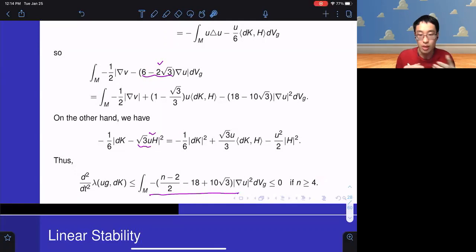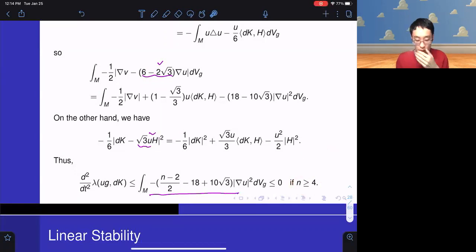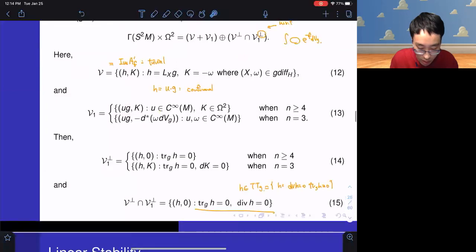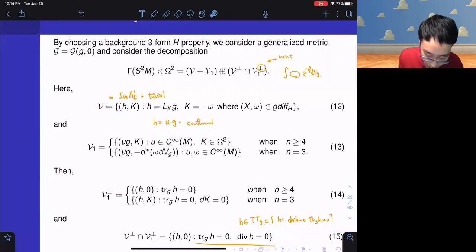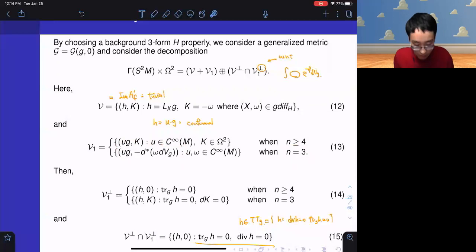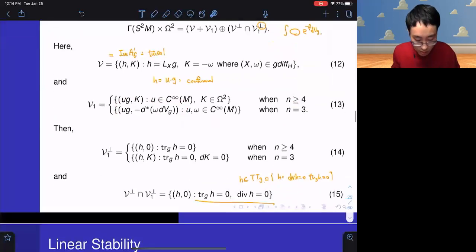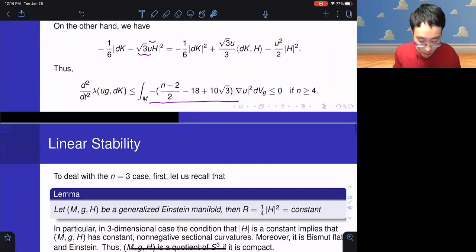So we need to discuss separately the n greater than 4 case and the n equals 3 case. Okay, then back to our definition of V1. This is also the reason why we define V1 separately when n is 3. Okay, so let's focus on the n equals 3 case.